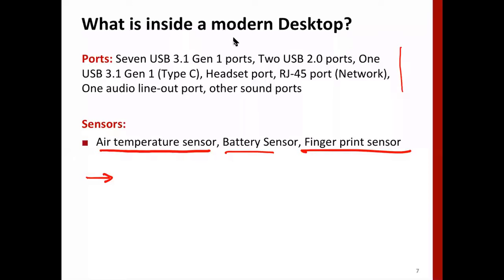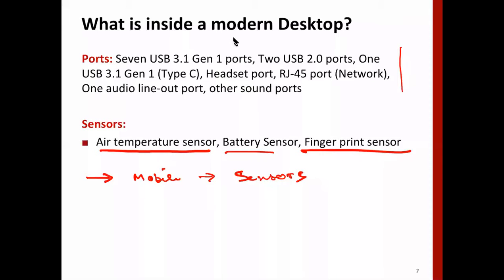Now, as part of the assignment, you need to look at your mobile and see how many sensors it has. So, for example, a mobile will have an accelerometer. It may also have many other sensors, right, which a desktop may not have.